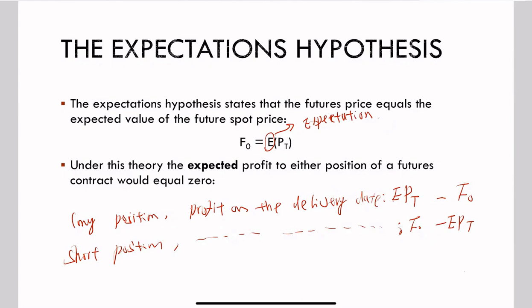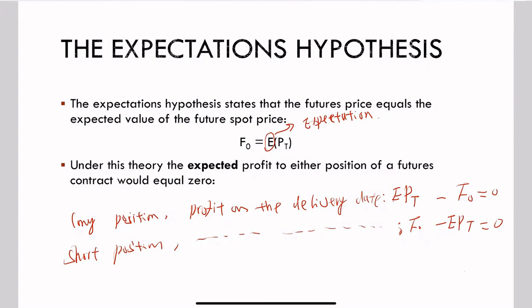Now, under this assumption of the expectation hypothesis, you can see that this has to be 0 and this has to be 0. So if there is a world in which the expectations hypothesis holds, then the long position and short position in a futures contract will never be able to make money.